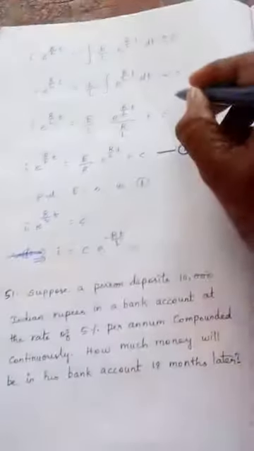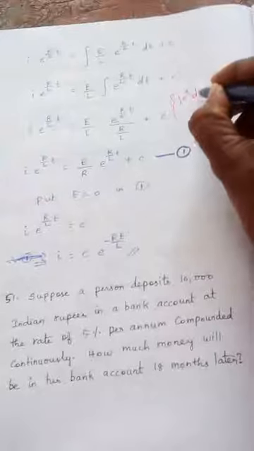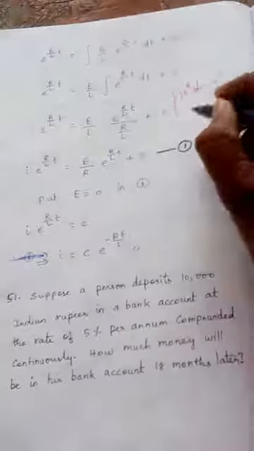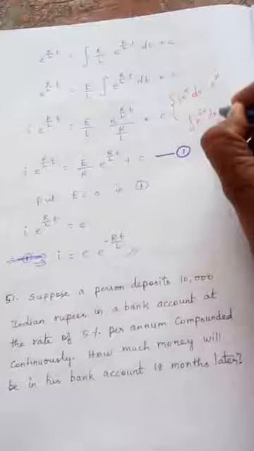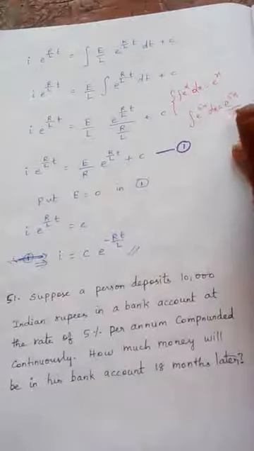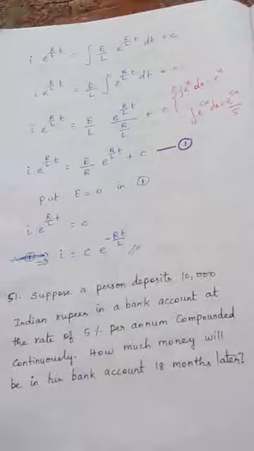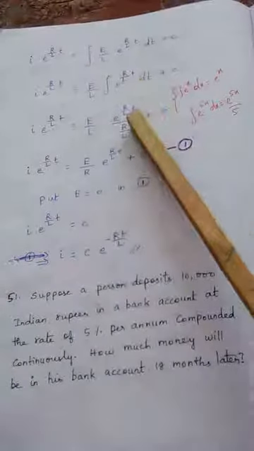I will write in the rough column. Integral e power x dx, the answer is e power x, right? Similarly, e power 5x dx: what is the answer? The same e power 5x but divided by 5. Similarly, here if you integrate this, the same answer will come.